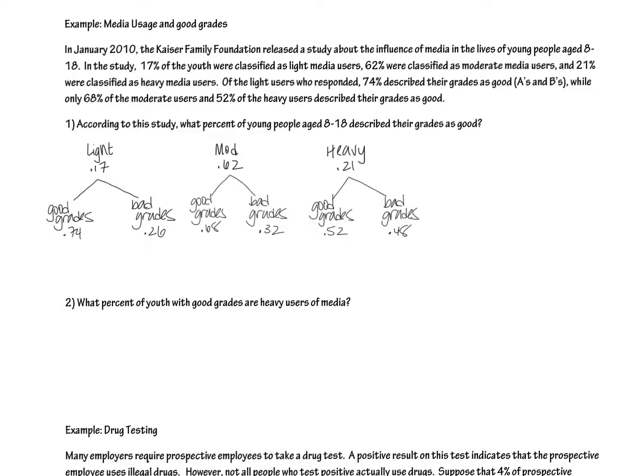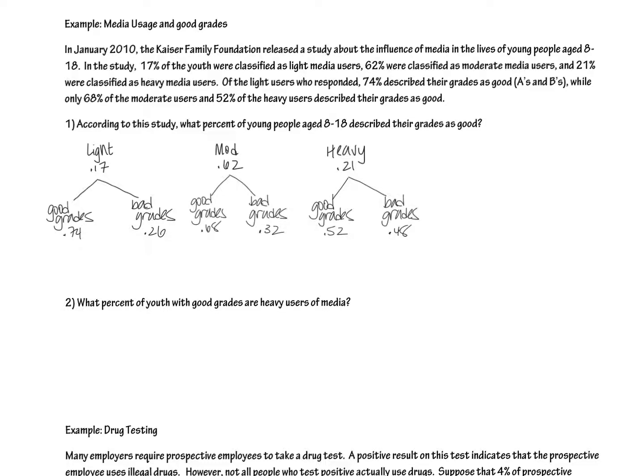But they told us that 74% of the light media users describe their grades as good. That also tells you that 26% would consider their grades not good, which I've labeled my tree as bad. So we're essentially given two different percentages for each one of these categories. So 68 goes with 32, 52 goes with 48. So here's my tree breakdown, and the data is nice and organized.